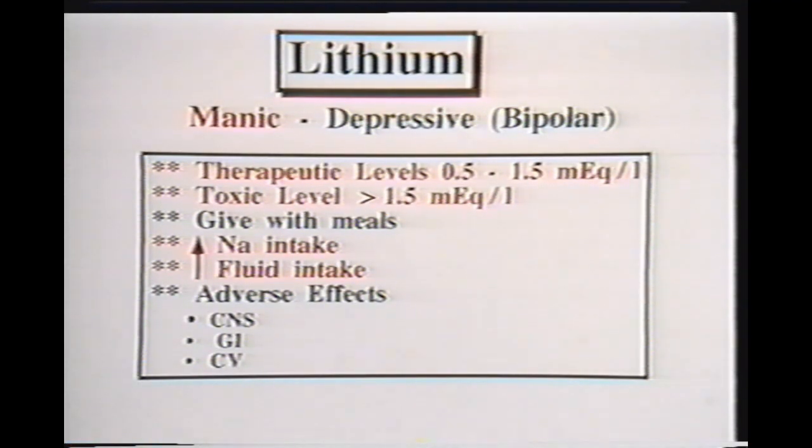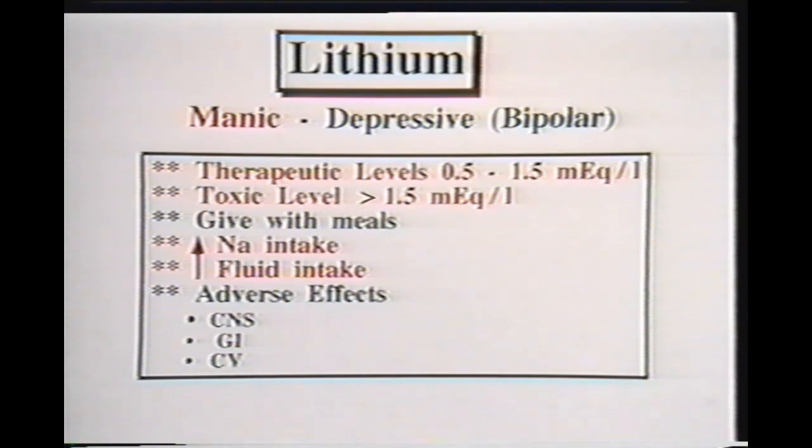What we all agree on is that above 1.5, you get toxicity, and by the time you get to 2, you get really severe toxicity. So we generally are going to withhold medication, or at least notify the physician, with levels above about 1.5, 1.6.